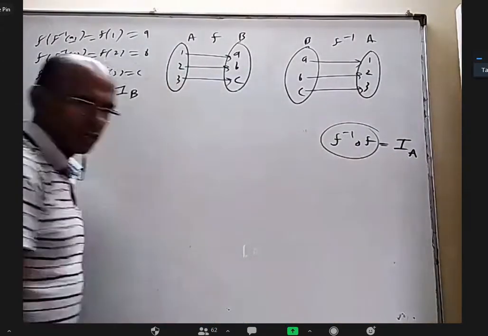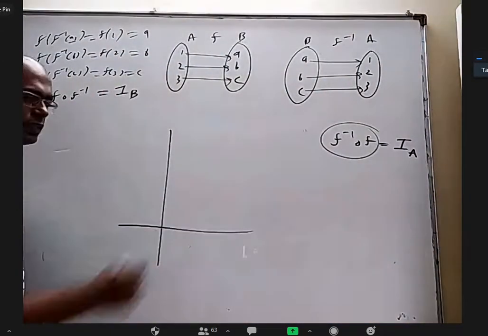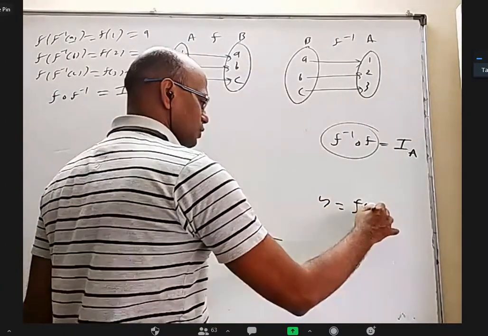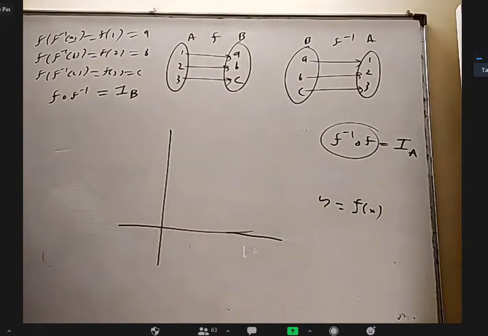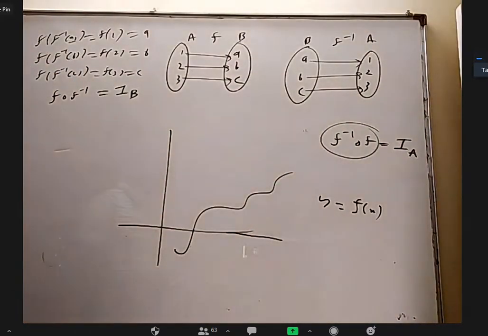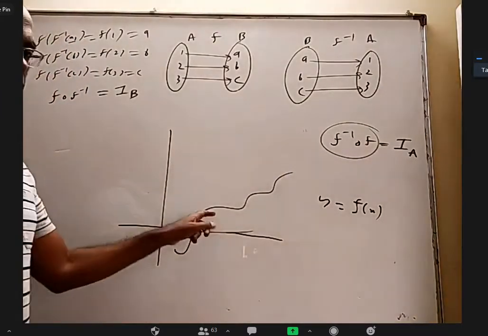Let us see if somebody can help me with this. You're able to tell, or maybe already you gave a hint. y equal to f of x, there is some function. I had drawn the graph of this, some function like this. Anybody want to tell me how to draw the inverse function of this graph?